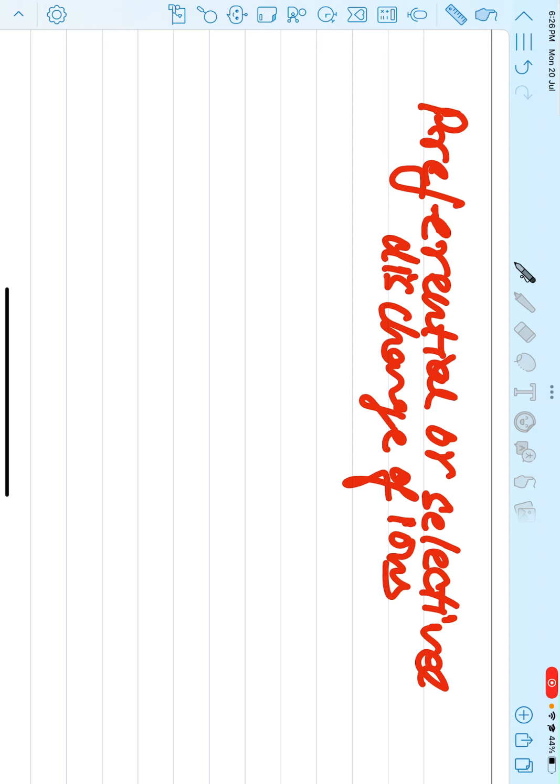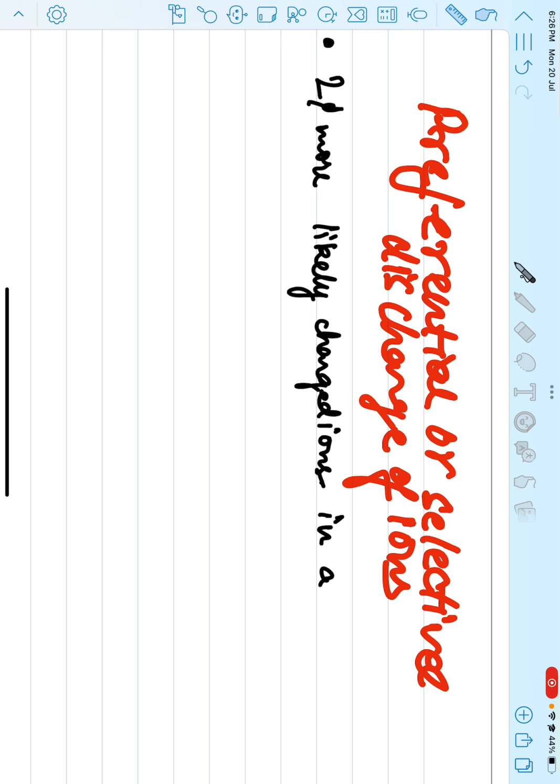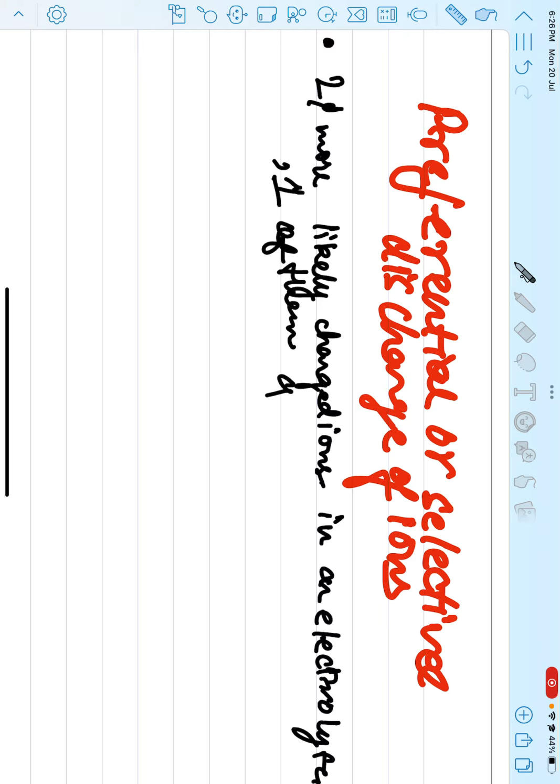So when there are two or more like-charged ions present in the solution of an electrolyte under identical conditions, one of them will get selected and gets discharged.